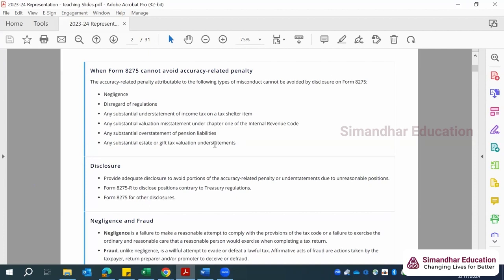You can also be assessed with an accuracy related penalty if there is a substantial understatement of income tax on a tax shelter item. Now, what do we understand by tax shelter? I'm sure everyone would have heard about tax shelter transactions. So what are we sheltering here? Tax savings.